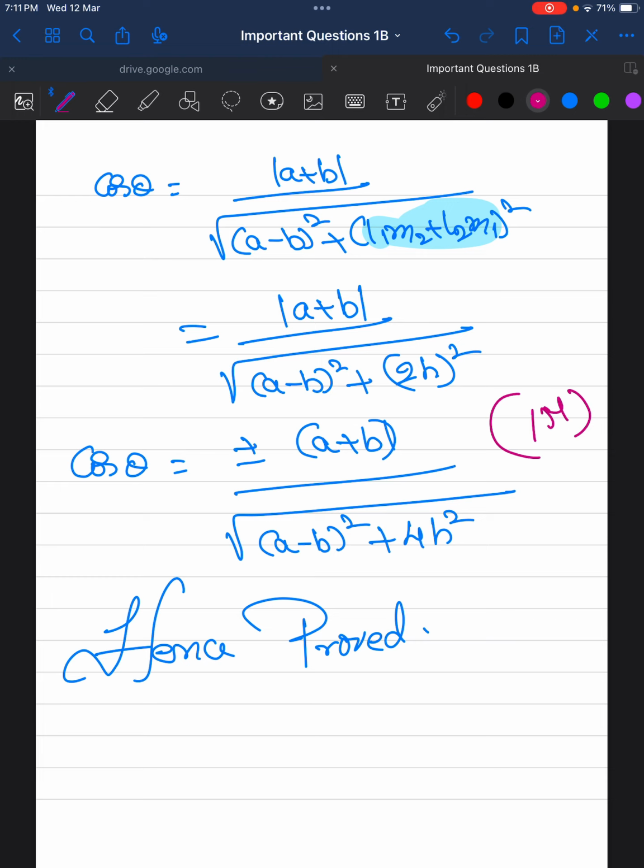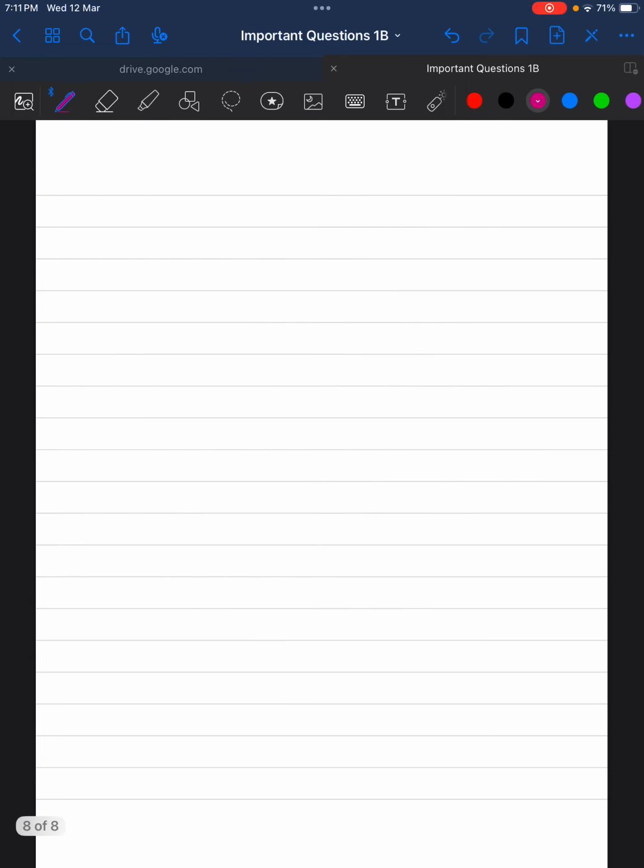Okay, now I'm going to explain to you the second theorem from the same lesson. What is the second theorem? In a similar way we are proving one more question.